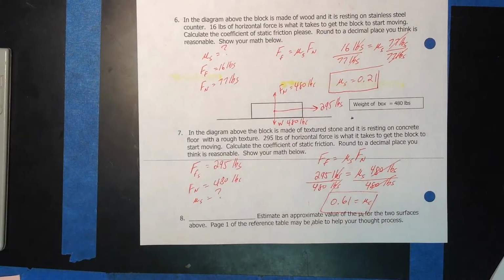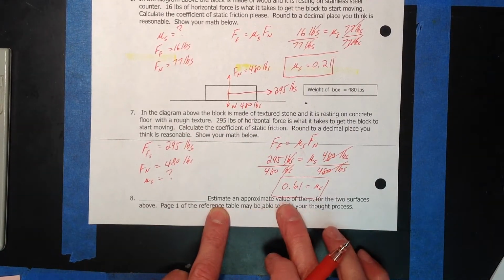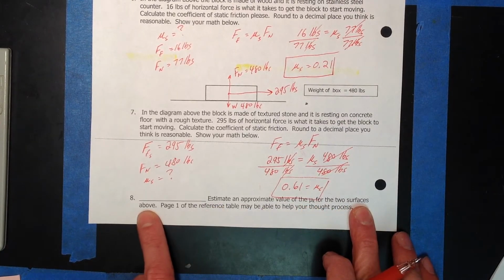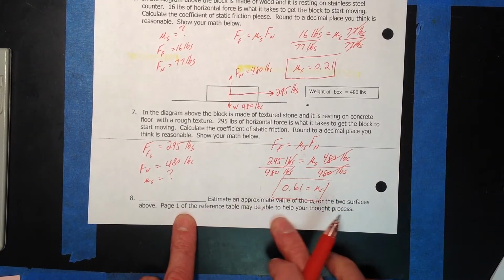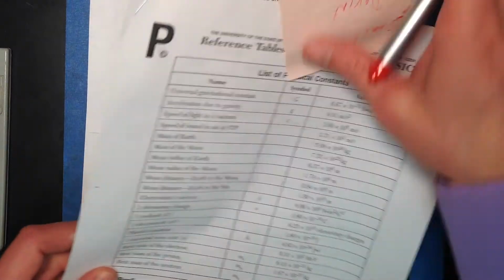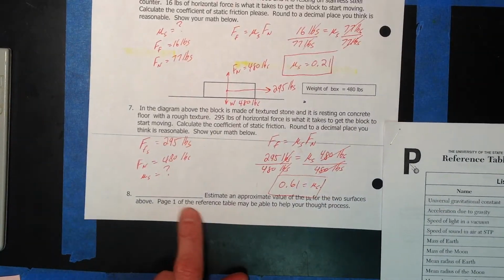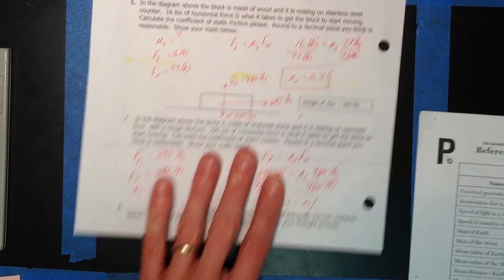Alright. And then 8. Estimate an approximate value for the kinetic coefficient of friction for the two surfaces above. You calculated the static friction as 0.61. Page 1 of the reference table may be able to help your thought process. So go here, okay, and my idea is that you have to know, is the kinetic coefficient going to be the same, more, or less?